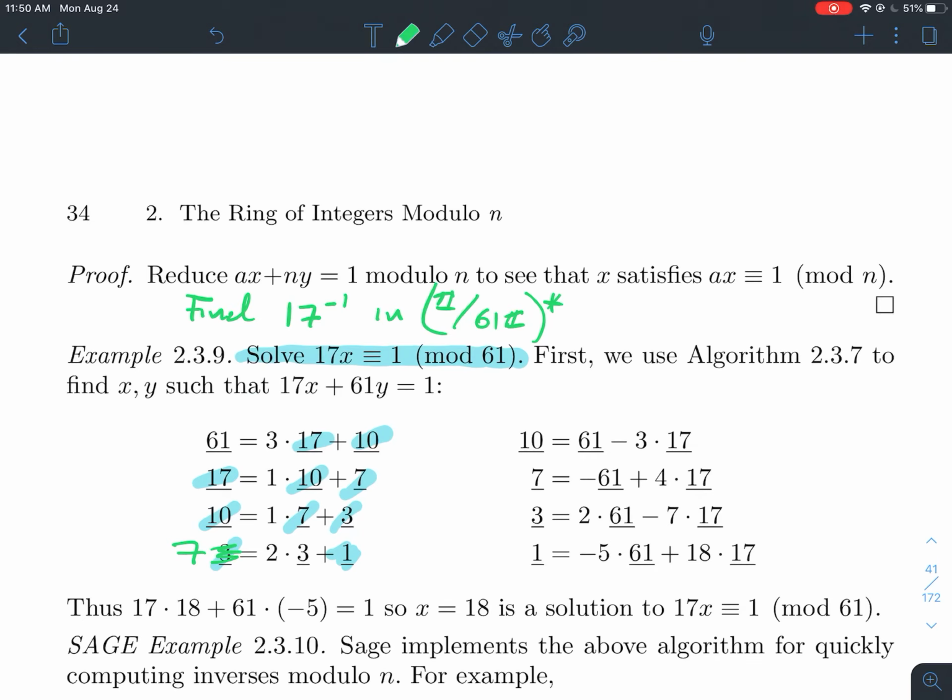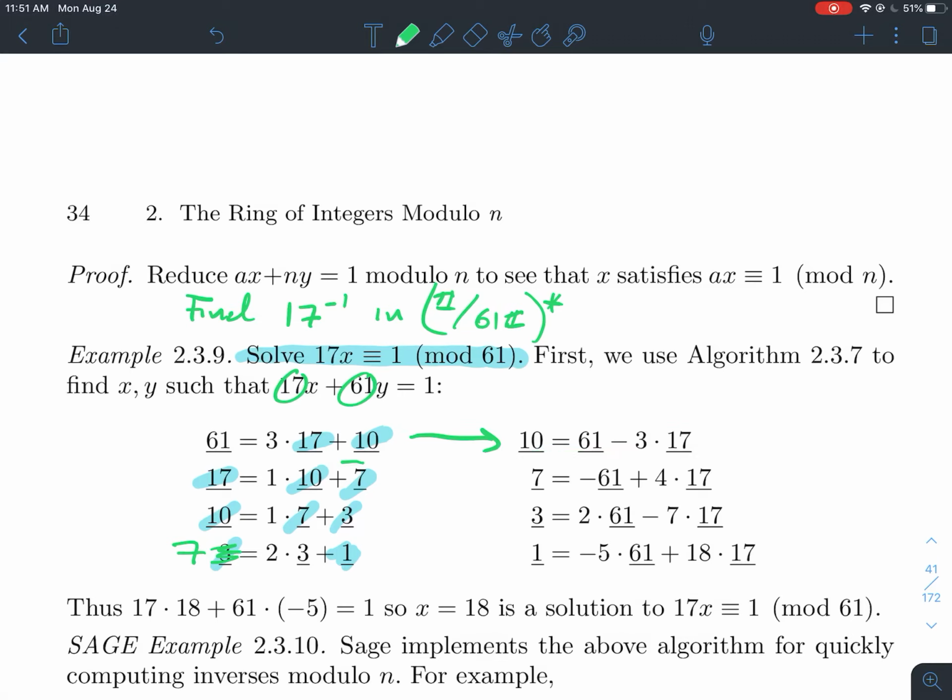So now we'll retrieve our coefficients, x and y. And remember that starts on this side now. We're going to solve for this 10. When you solve for that 10, hope it makes sense where this comes from if you just subtract this over. Now remember the goal is to always write things on this side in terms of 17 and 61. This step tells me if you encounter a 10, here's how you can write it in terms of 61 and 17.